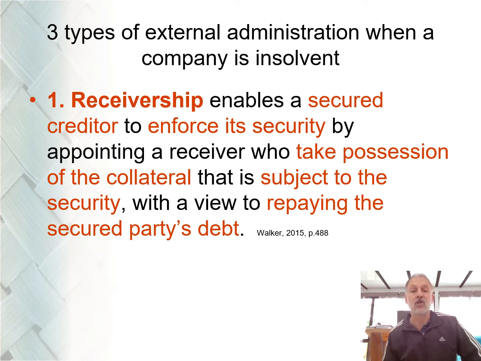Receivership enables a secured creditor to enforce its security by appointing a receiver who will take possession of the collateral that is subject to the security with a view to repaying the secured party's debt. So that's in short what external administration is, one example, and that is a specific focus example that we've used is receivership.